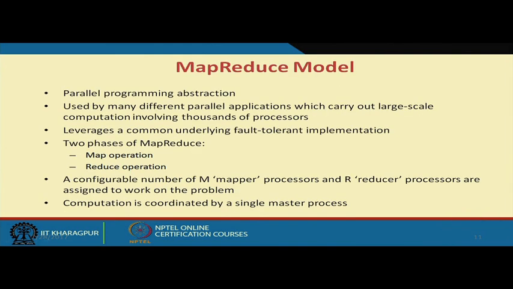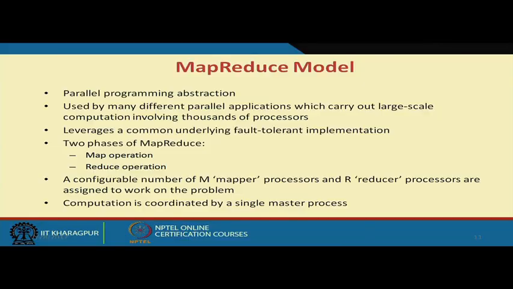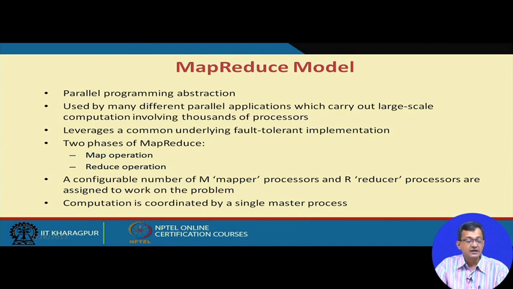So, with this background, doing things individually and then aggregating becomes more efficient. With this, we look at the MapReduce model, right. It is a parallel programming abstraction used by many different parallel applications which carry out large scale computation involving thousands of processors.